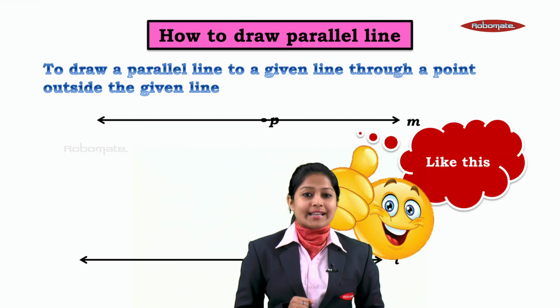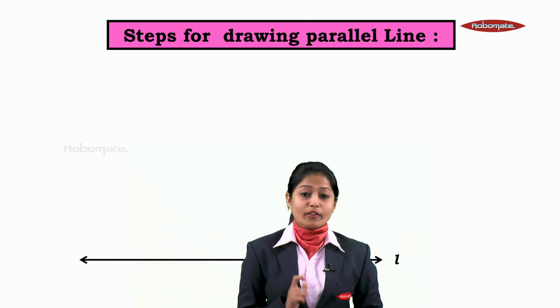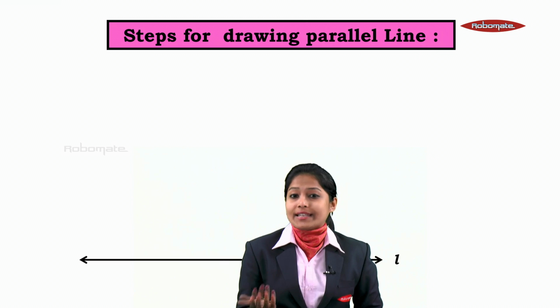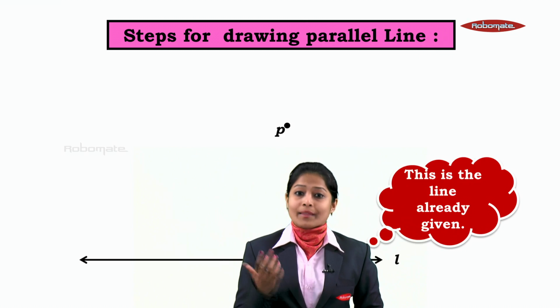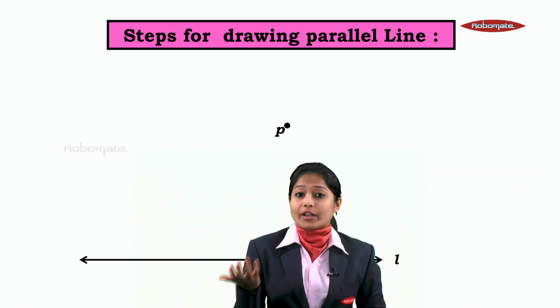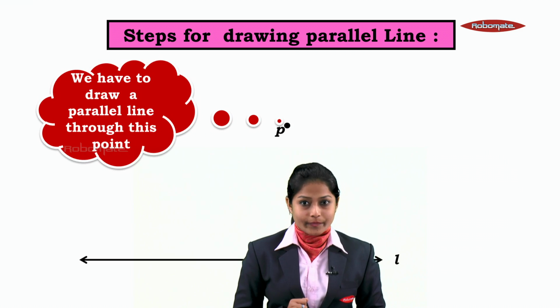So let us proceed ahead with the steps for drawing parallel lines. First, we have the given line, that is line L, which is already given to us, and we have point P because we have to draw a parallel line passing through point P.